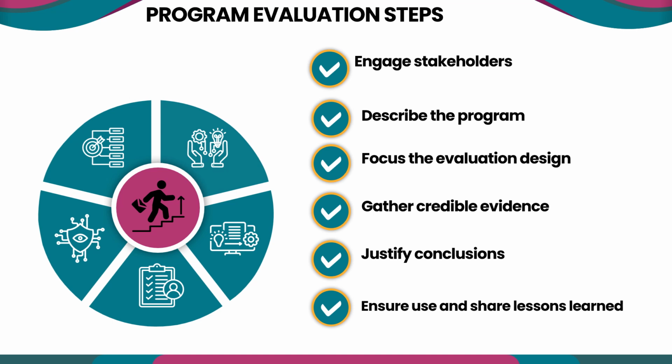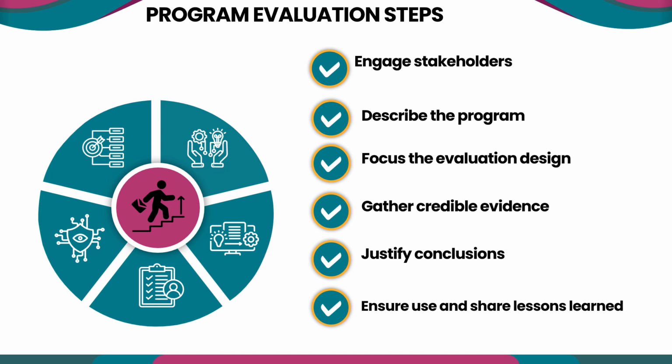This is also where you present your statement of need, your expectations, the activities of the program, the resources, the stages of development, the context of the program, and the logic model. Okay, so this is all included in describing the program.